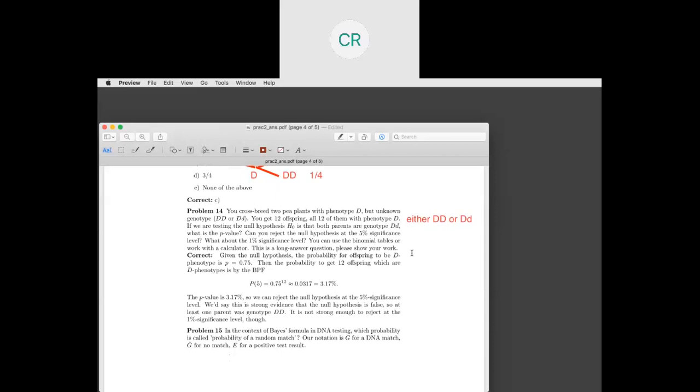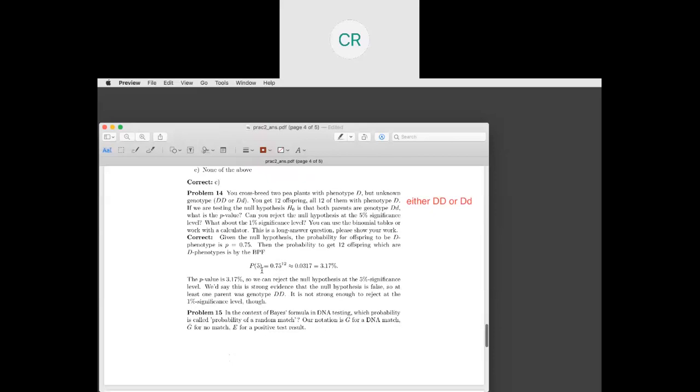So the lowercase p is 0.75. And we got 12 out of 12. So that's our probability for 12 out of 12. Why is there a 5 in there? I think I need to change that. That doesn't make sense.